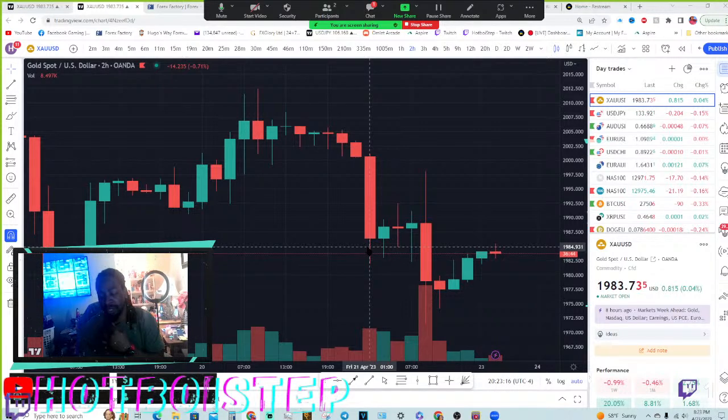So basically, these prices are determined by the ratios of the money compared to each other. So gold compared to the US dollar is saying 1983 is the price.